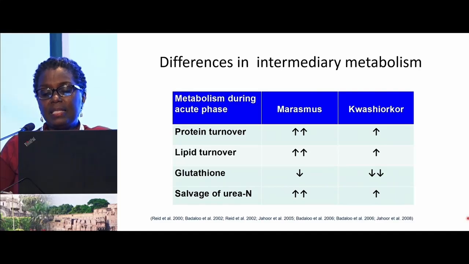However, kinetic studies conducted during hospitalization for SAM showed that while both phenotypes increase their protein and lipid turnover, as well as the salvage of urea and nitrogen to support energy metabolism and to maintain plasma glucose concentrations, we were able to demonstrate that infants with marasmus had higher rates of whole body protein turnover, higher rates of lipolysis, and greater salvage of urea and nitrogen.